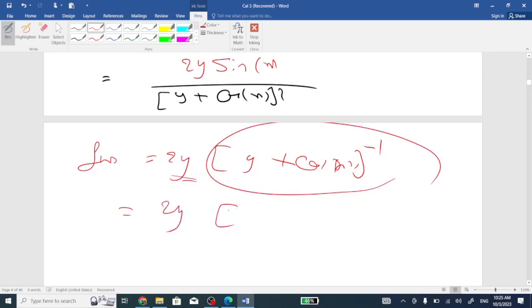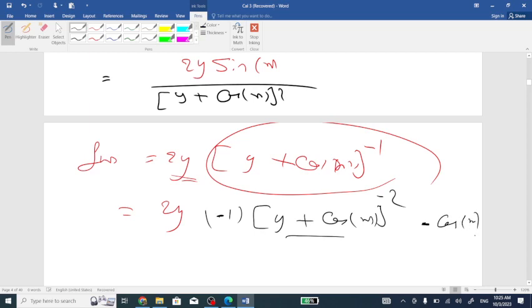Derivative of here, you say minus 1 times (y plus cosine of x) to the power minus 2, times the derivative of here by x, which is minus sine of x.